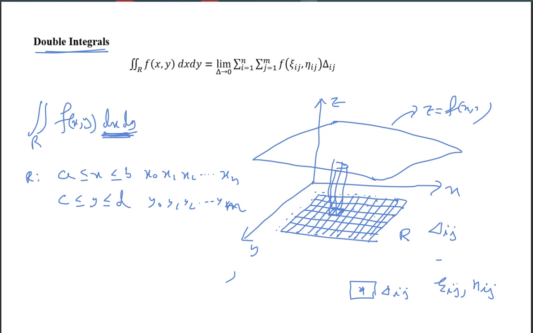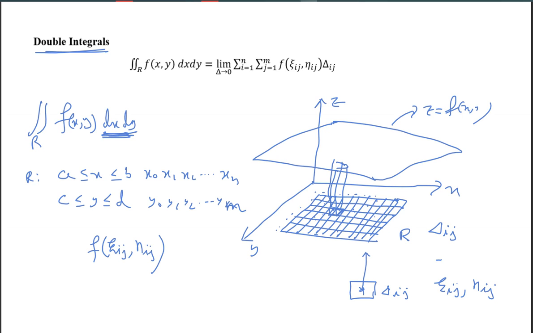So what will be the value? The projection value will be f of xi ij, eta ij. This will be the length of this projection.